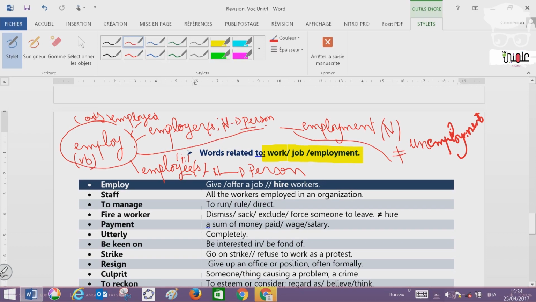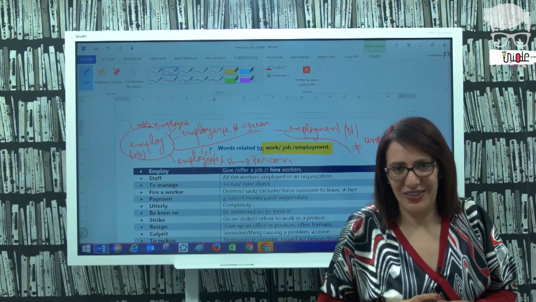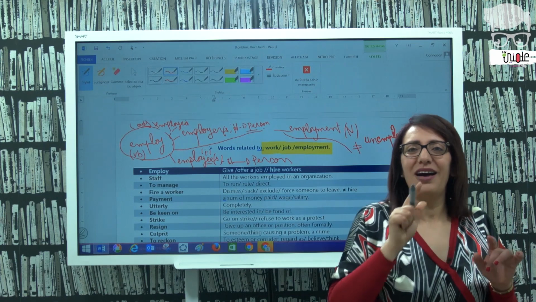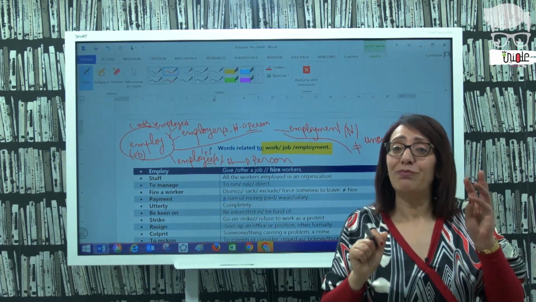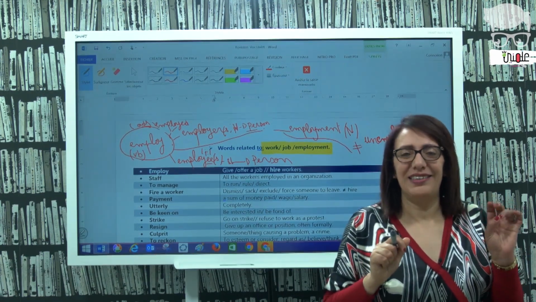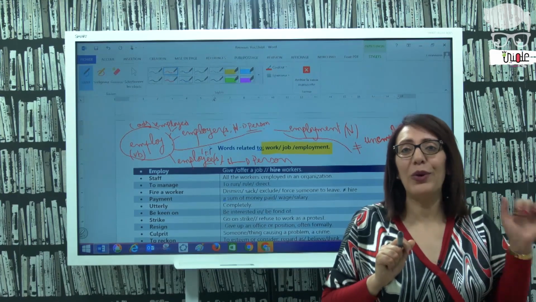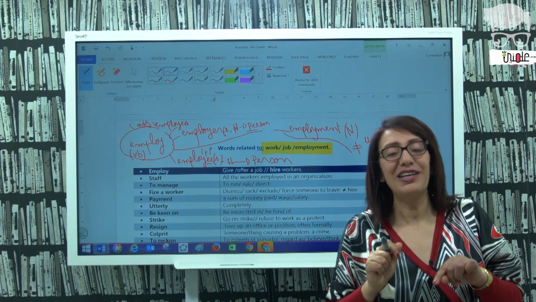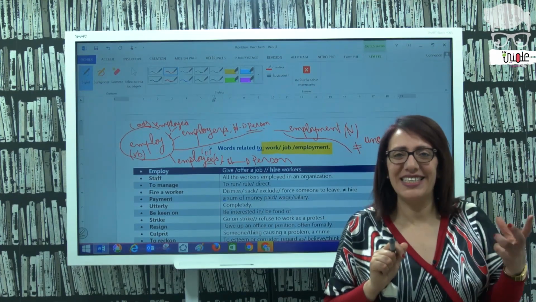This is L, dear pupils. Okay, good. So you see that we can form a lot of words. Employ, that's give the work. Offer a job, hire a worker. Employer, employee, employment, employed, unemployed, unemployment, from that one root, which is employ.